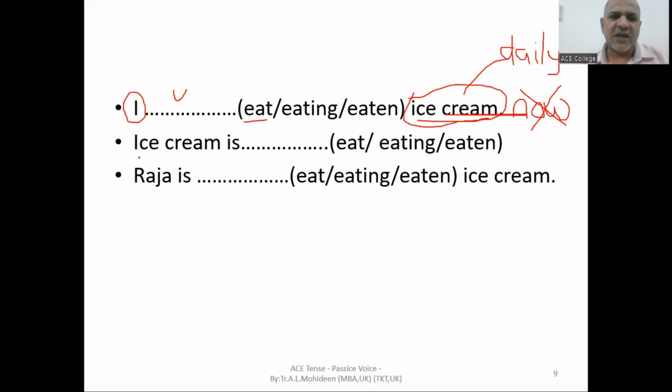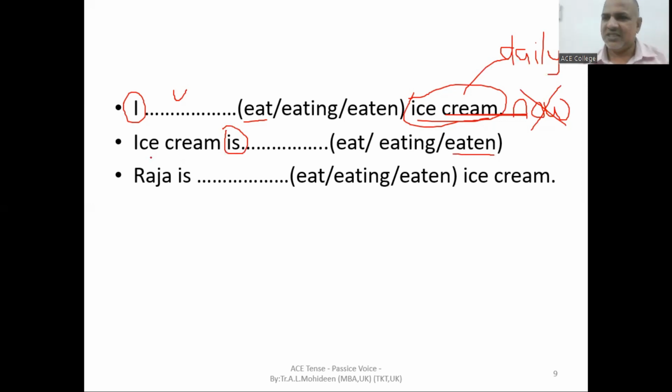What about the second one? Ice cream is, which is right? Eat? Ice cream is eaten. Eaten. This is what we discussed. Eaten. Why? Because ice cream is singular and is is already there. You can't put eating because it's not a person.